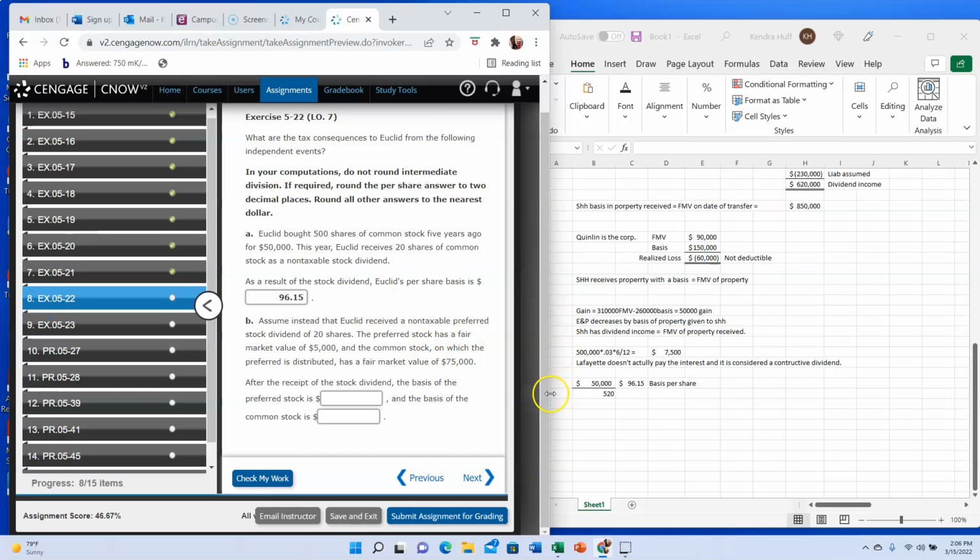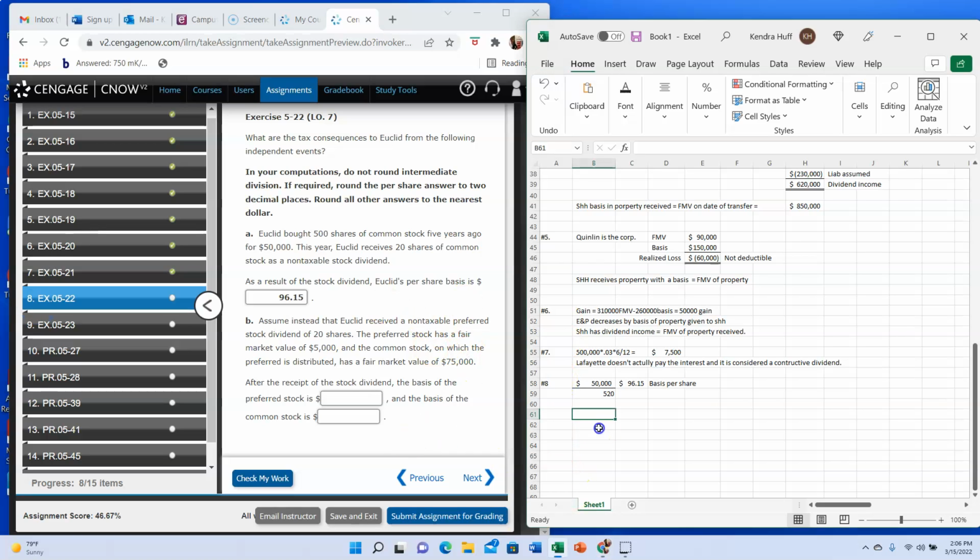And it's split. She's got $5,000 preferred stock market value plus $75,000 common stock market value equals a total market value of $80,000.